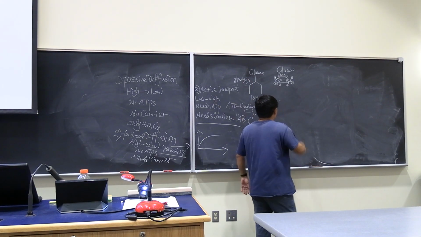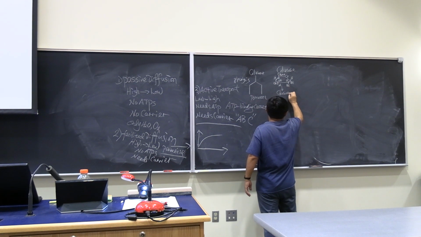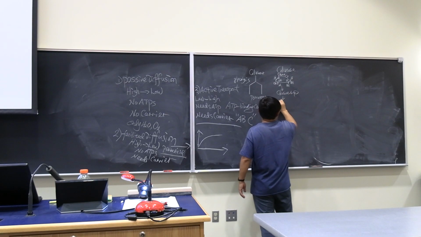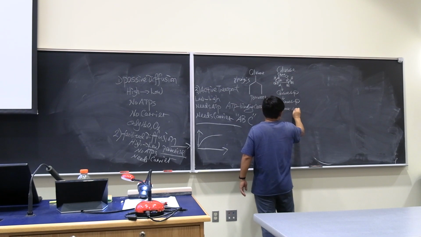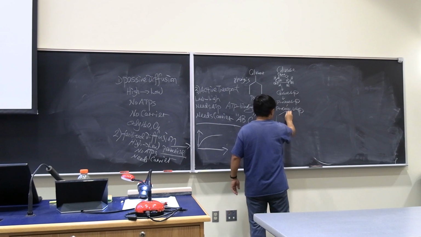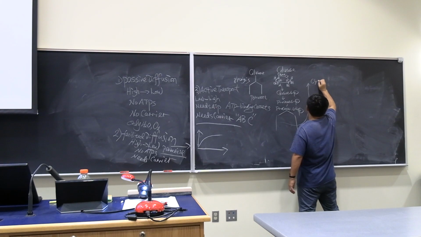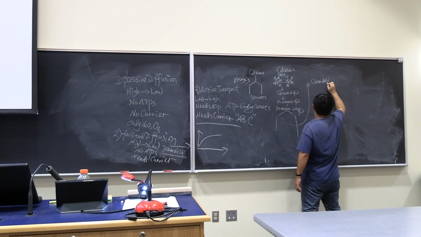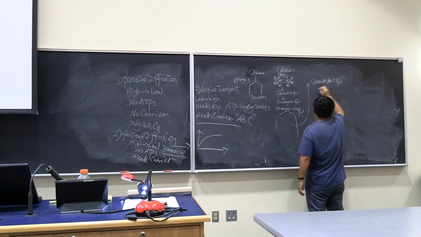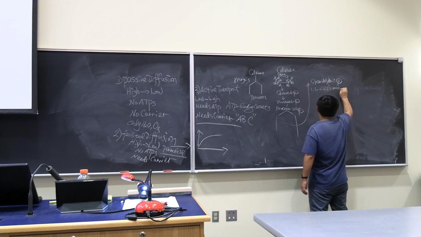So we can go real quick. The glucose becomes glucose 6-phosphate, then becomes fructose 6-phosphate, then fructose 1,6-bisphosphate. It's right here. There you have a chain. So the chain will have glyceraldehyde 3-phosphate, then 1,3-bisphosphoglycerate.